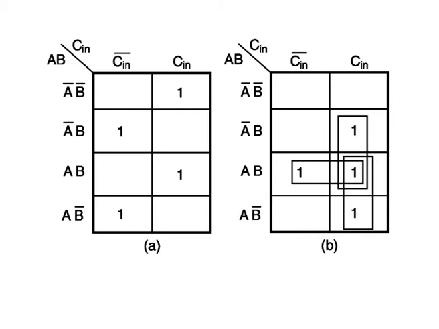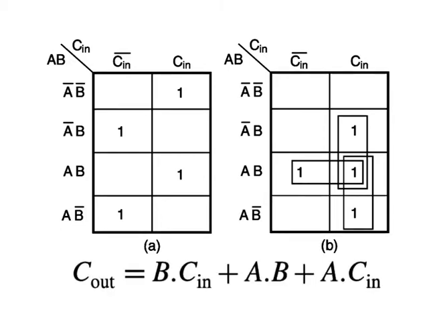As is clear from the two maps, the expression for the sum output cannot be simplified any further, whereas the simplified Boolean expression for Cout is given by the equation Cout is equal to B dot Cin plus A dot B plus A dot Cin.